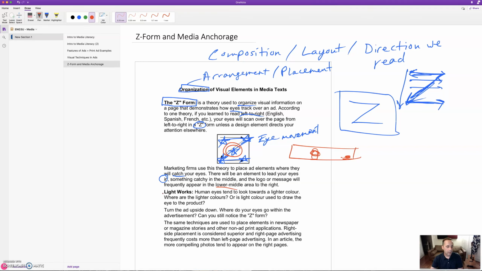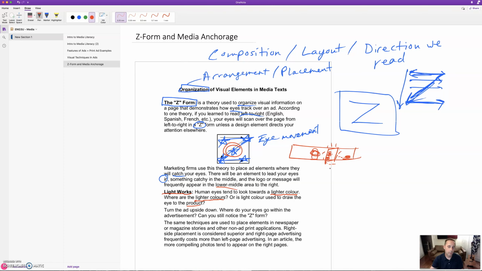Okay, how light works is also an important factor because human eyes tend to look toward the lighter color. And that was the olives that we're all looking at, the Pepsi here. It was much brighter behind the background there where the light was. So think about where the lighter colors are, and is light color used to draw the eye to the product?